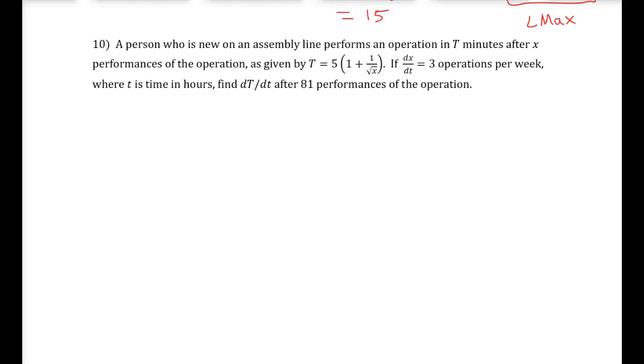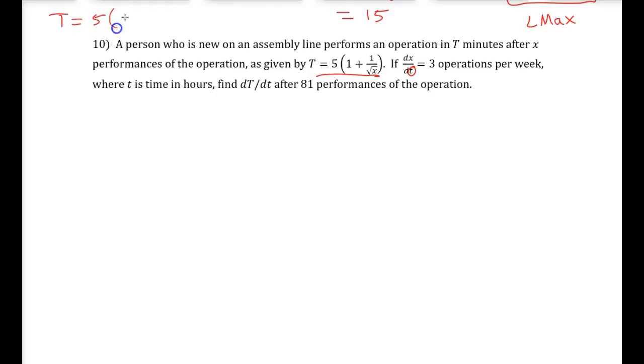All right, so the first thing that we need to do is understand that we're going to have to take the derivative of both sides of this function with respect to little t. And before we do that, we want to make sure that t is written in a way that is easy for us to take the derivative of.